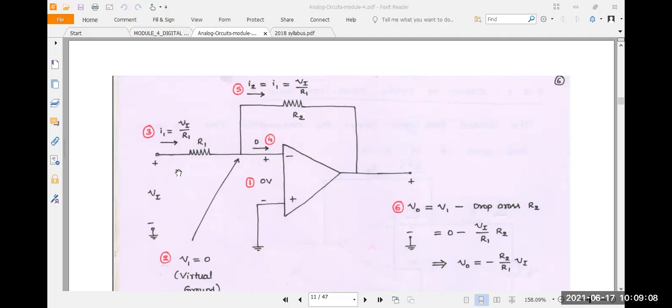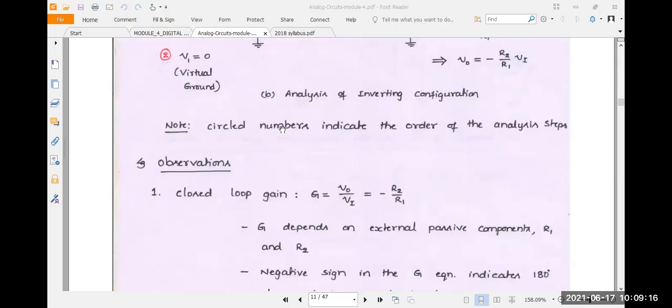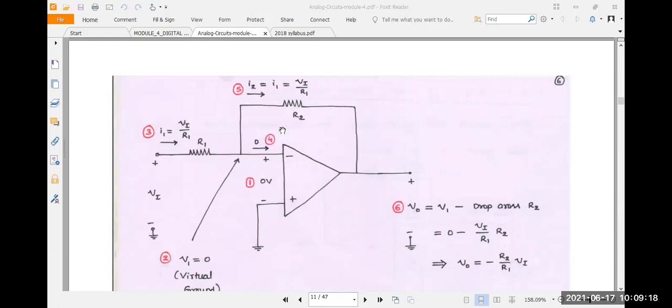But the same current is flowing from R1 to R2. Understood? So you can write I1 is equal to I2, and the equation is Vi divided by R1. No need to write R2 here.